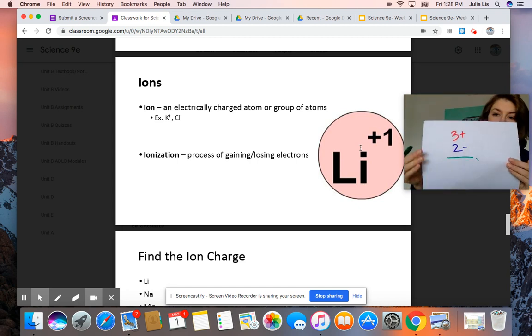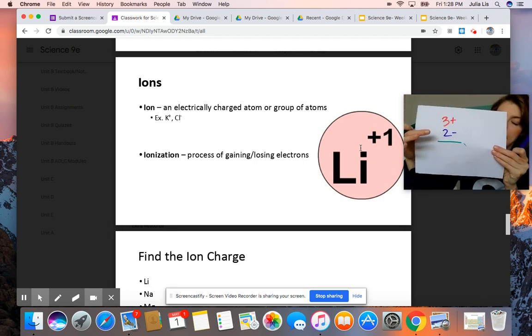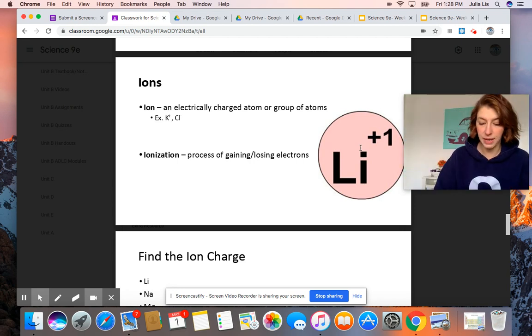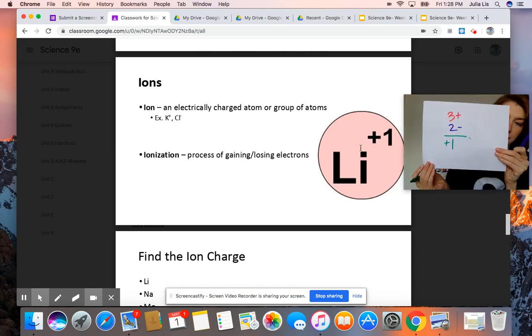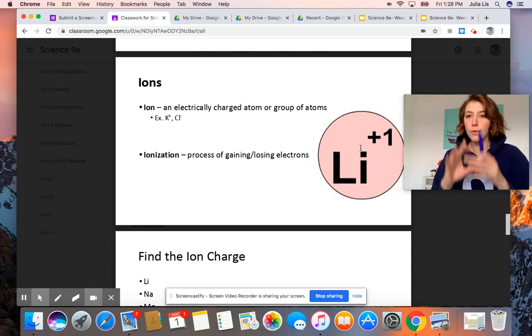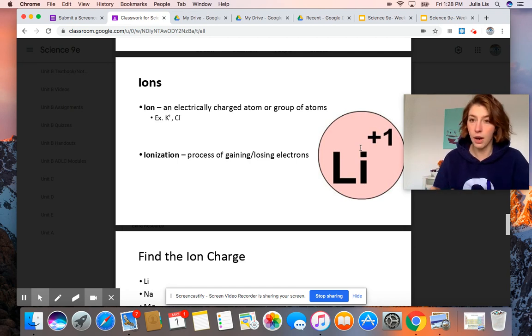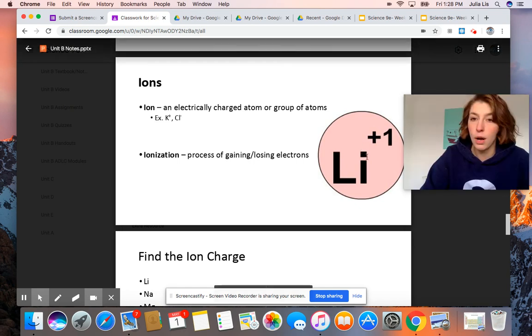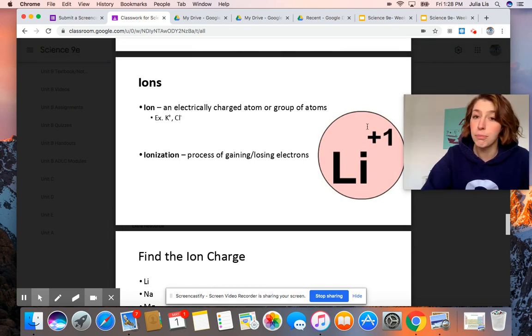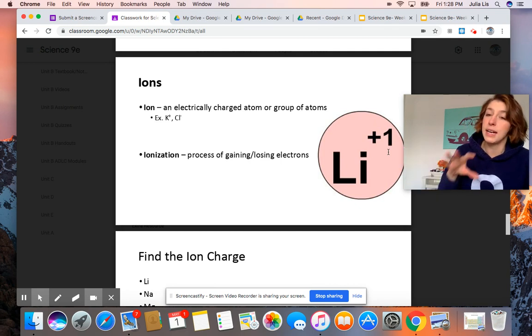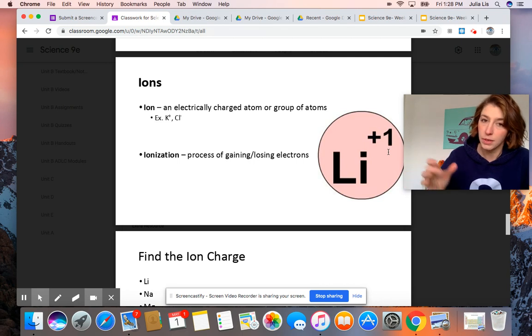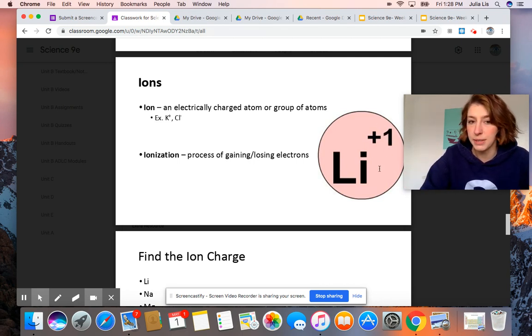So if I have 3 plus protons and minus 2, 3 minus 2 is 1, so you're left with plus 1. Lithium overall, as an ion, having lost an electron, is going to have an overall charge of plus 1. It's going to be more positive. It has more protons in the nucleus than it does electrons orbiting. So that's what this plus 1 represents.